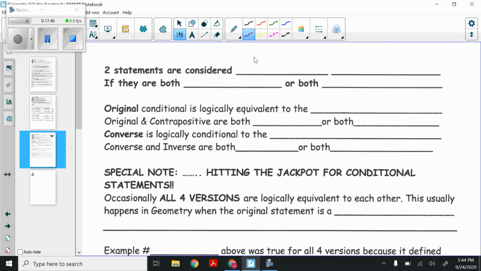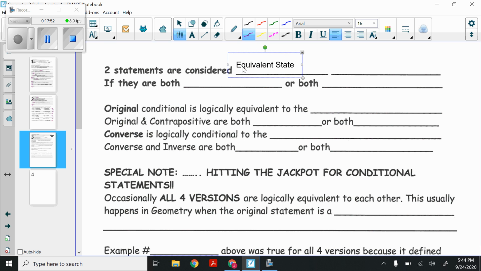So next it tells me two statements are considered equivalent statements if they are both true or both false. So we would have equivalent statements if they're both true or they're both false.